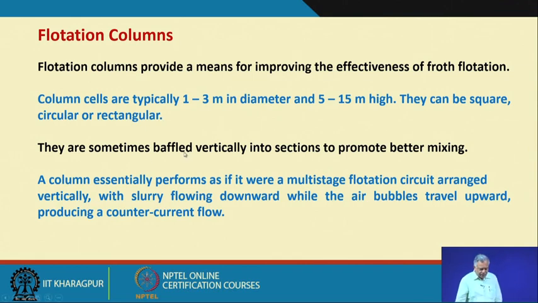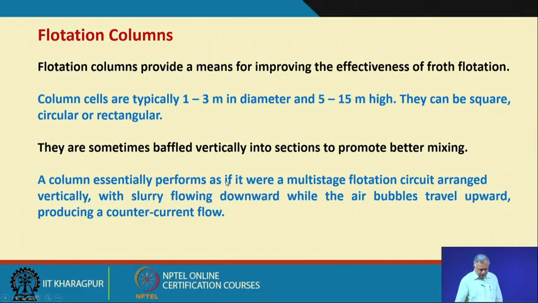They are sometimes baffled vertically into sections to promote better mixing. So, mixing is a very important phenomenon here. Mixing of what? Mixing between the particles and your flotation chemicals. A column essentially performs as if it were a multi-stage flotation circuit arranged vertically.